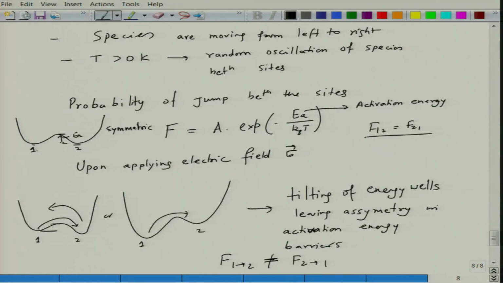But now that you have applied a force, let us say an electric force in this case, F12 is not equal to F21, there is an asymmetry in EA magnitude. As a result, EA 1 to 2 is not equal to EA 2 to 1, and this leads to asymmetry in the probability of jump. As a result, you will have a net flow of dipoles, a net flow of species from one to another.